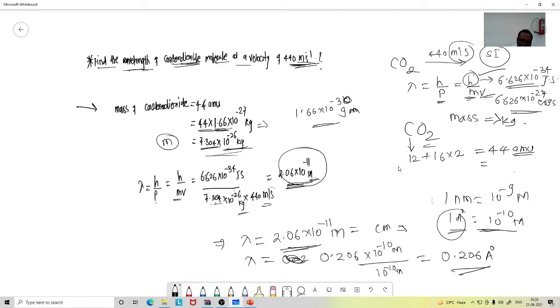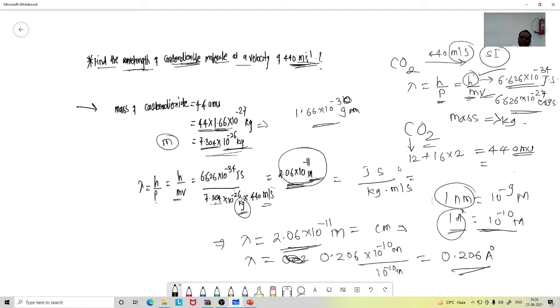Likewise I can convert into the nanometer also. Simply divide by 10 raised to minus 9, that will be converted into nanometer, not meter, nanometer. Now remember here is the unit conversion: joule second divided by kilogram into meter per second.